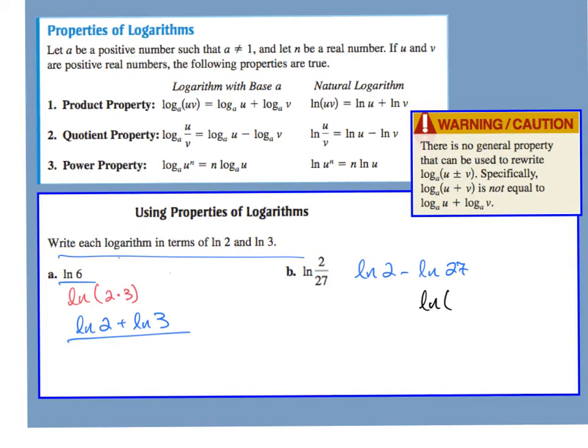All right, but I really want to do like 3 to the power of 3. So now if I have natural log of 3 to the power of 3, what could I do with this exponent? I could bring it out front. All right. So then I'd end up with natural log of 2 minus 3 natural log of 3.